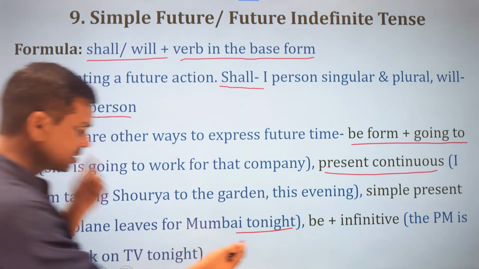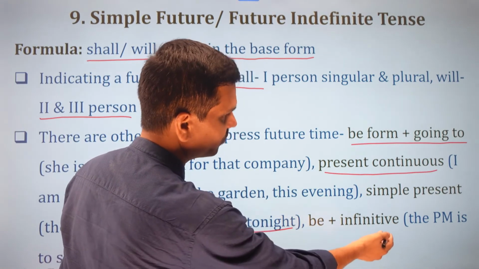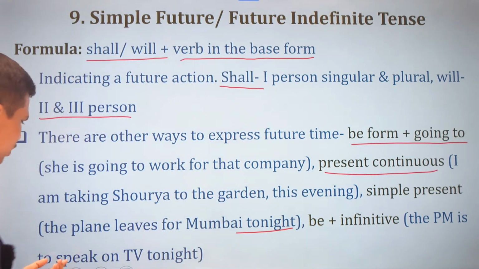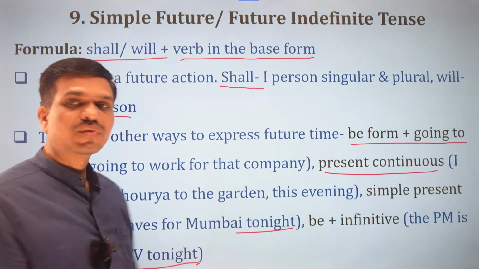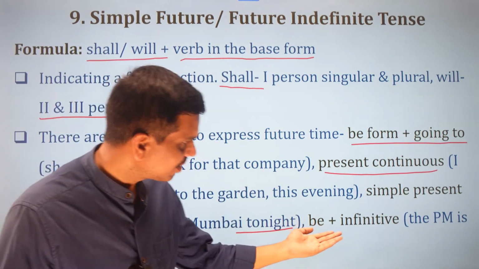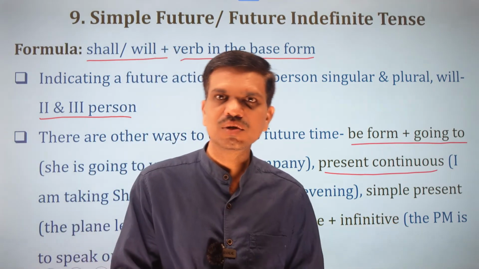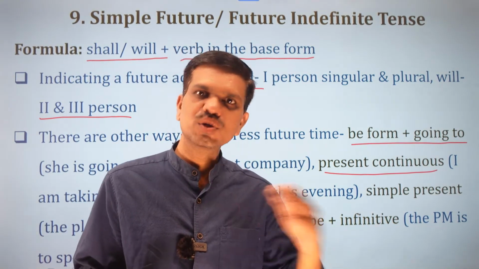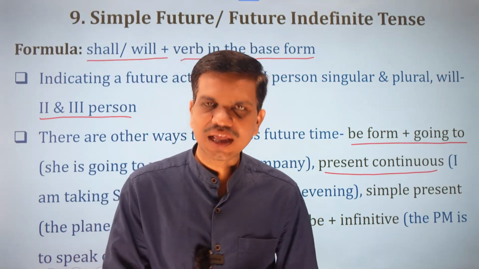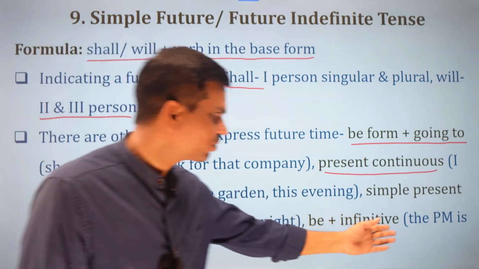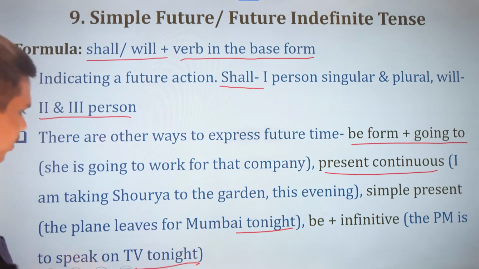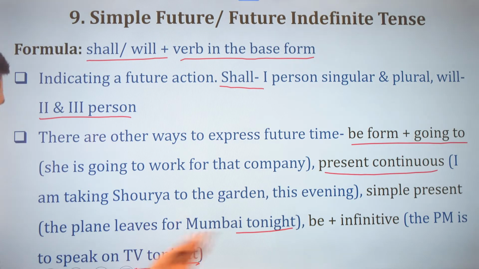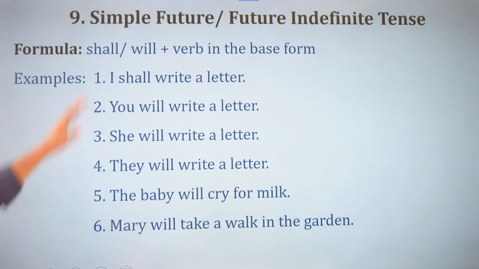And the last here we have be plus infinitive. The PM is to speak on TV tonight. Again this tonight indicates future time. Now this last form, be plus infinitive, is generally used in newspaper language or in TV language, and hence you see this type of statements or sentences like the PM is to speak on TV tonight, right? Now let's understand the example.